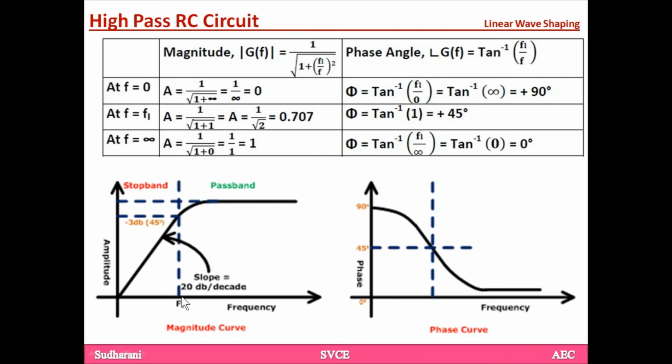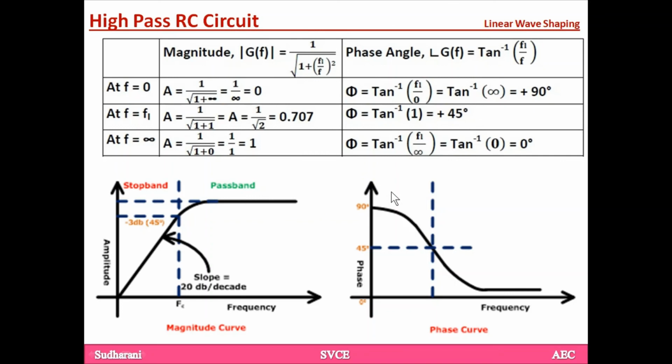Up to fL we call it the stop band, after fL the pass band. In the stop band the attenuation is maximum, in the pass band the attenuation is minimum. Practically we get the waveform like this, but ideally the output is 0 up to fL and maximum after fL. There is no need to mention the slope or the 3 dB value here.